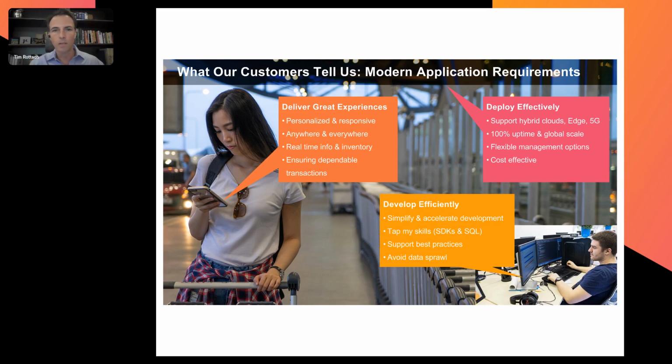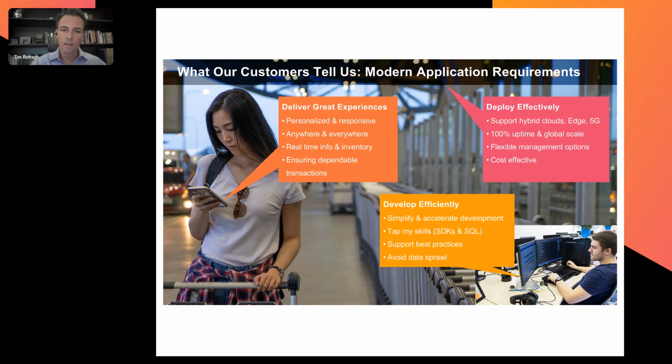And thirdly is deployability. As they deploy these applications, they each have their own scenario they want to deploy efficiently and effectively, whether that's hybrid cloud or to the edge, but it needs 100% uptime, and they need flexibility in how they manage those applications.